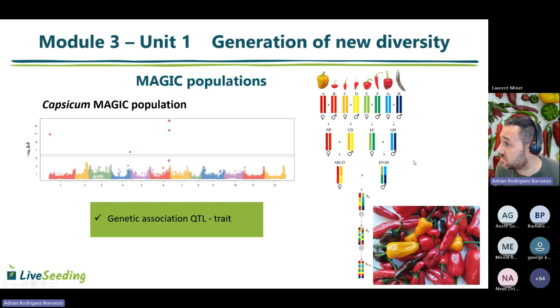For instance, in the MAGIC population you have here, we have from piquillo peppers to other yellow fleshy traditional varieties, or brown pasilla from Mexico, or serrano peppers. So at the end, they are mixtures of diverse landraces that are used first for experimental purposes, but the diversity which is created for this experimental purpose is huge.